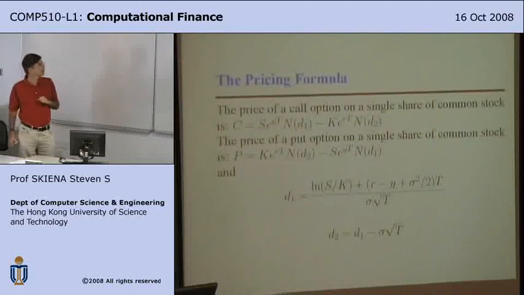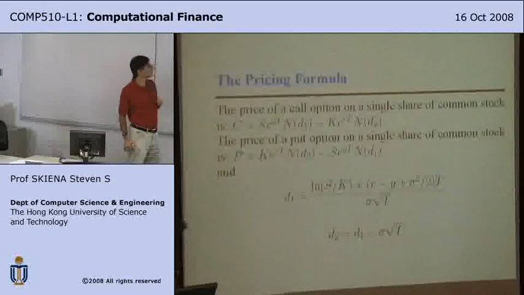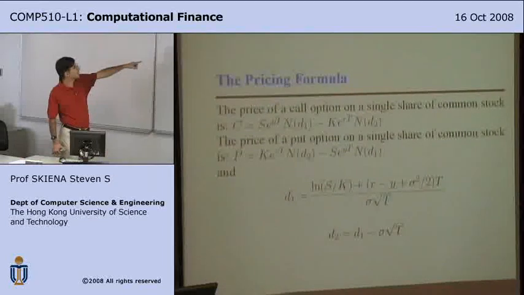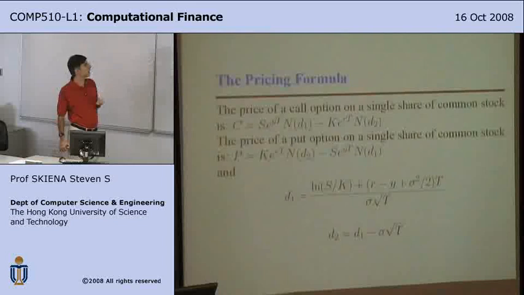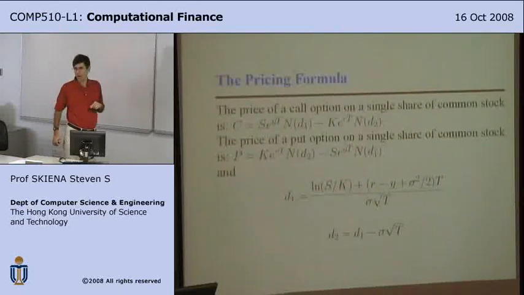Okay? So if we take a look at this thing, again, they look kind of ghastly. But if we look at it, the price of a call is, according to this, described as the initial value of the stock price, S, times something, okay, where that something is a function of the dividend yield.